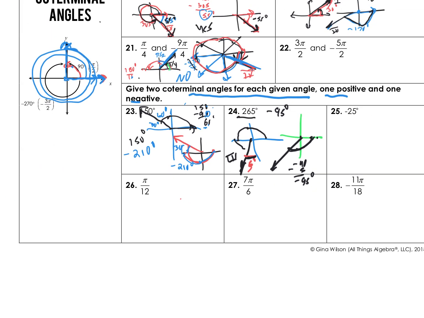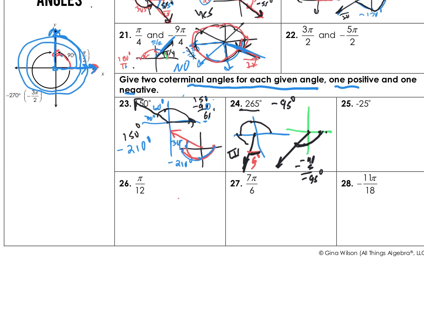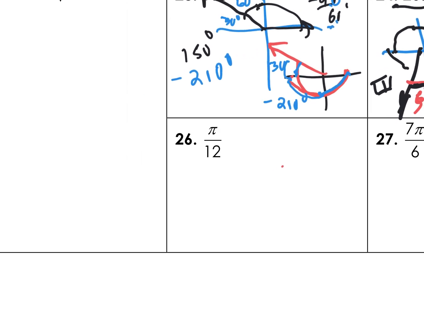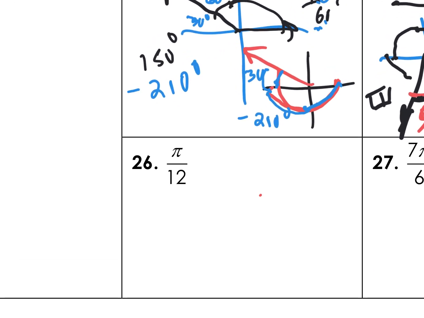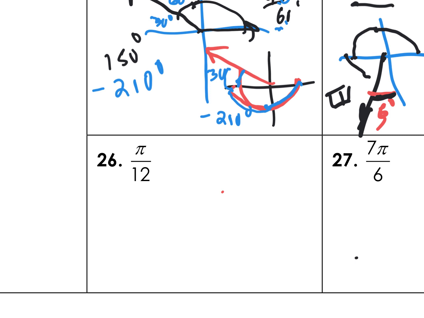Now, it seemed like a lot of fun, right? Let's do another one. Pi over 12. That's probably kind of difficult because to draw it, I need to realize that pi, which stands for 180 degrees, has to be divided by 12.